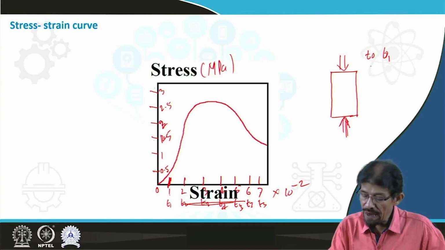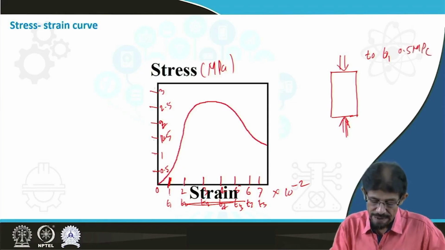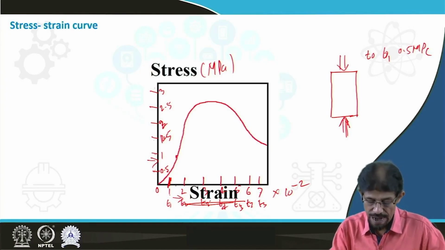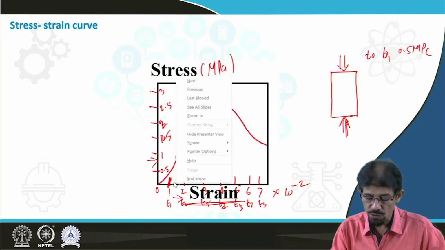Then going 0.5 MPa more at 1, this stress is going to create strain. So we are getting this type of strain lying between this 1 and 2.